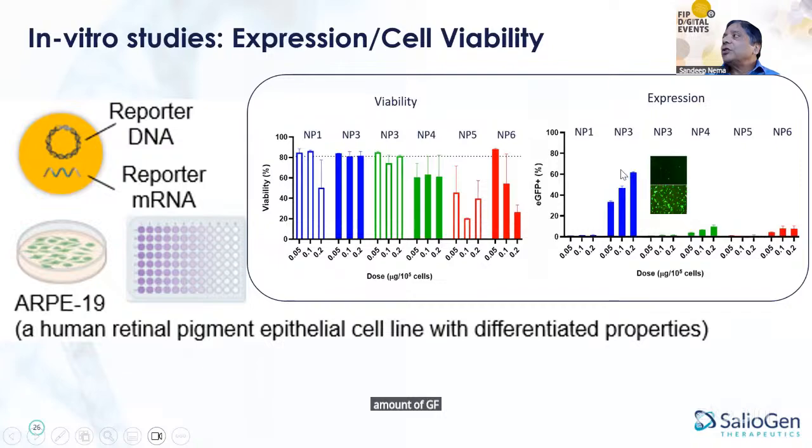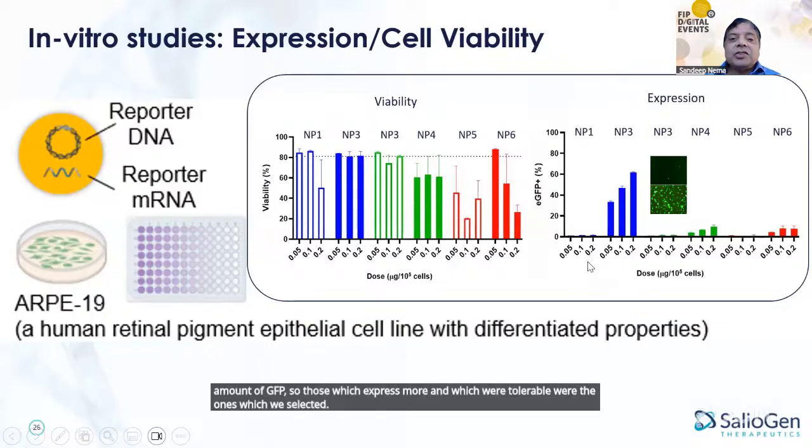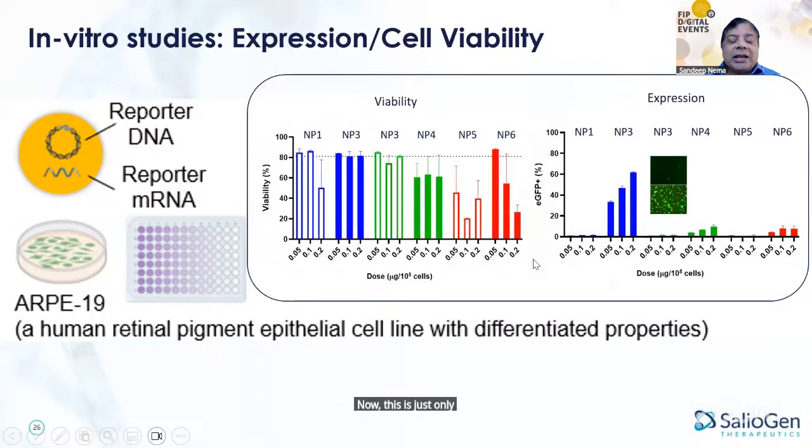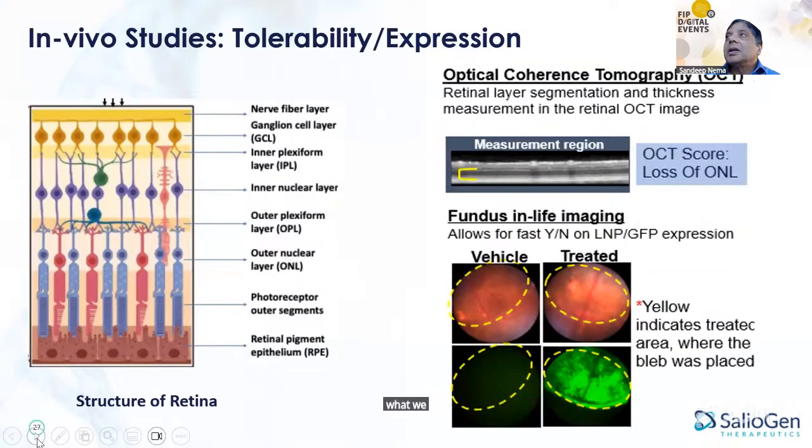So those which were expressed more and which were tolerable were the ones which we selected. Now, this is only a few of the ionizable lipids. We looked at a bunch of others also, but this is just a representation of some of what we did. Then we went and looked at the in vivo studies.